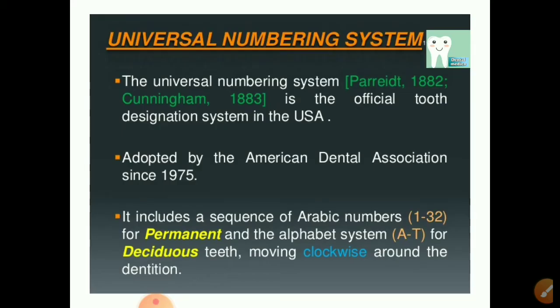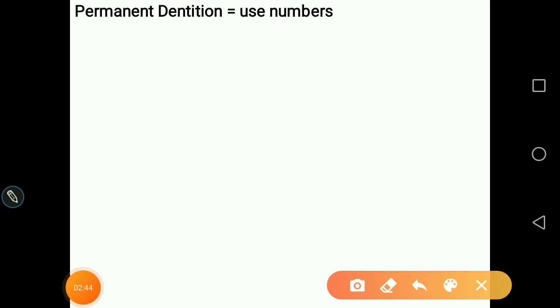Universal numbering system. Universal numbering system is the official tooth designation system in the USA. It includes a sequence of Arabic numbers, 1 to 32, for permanent dentition, and then the alphabet A to T for deciduous teeth, moving clockwise. So for permanent dentition we use numbers.